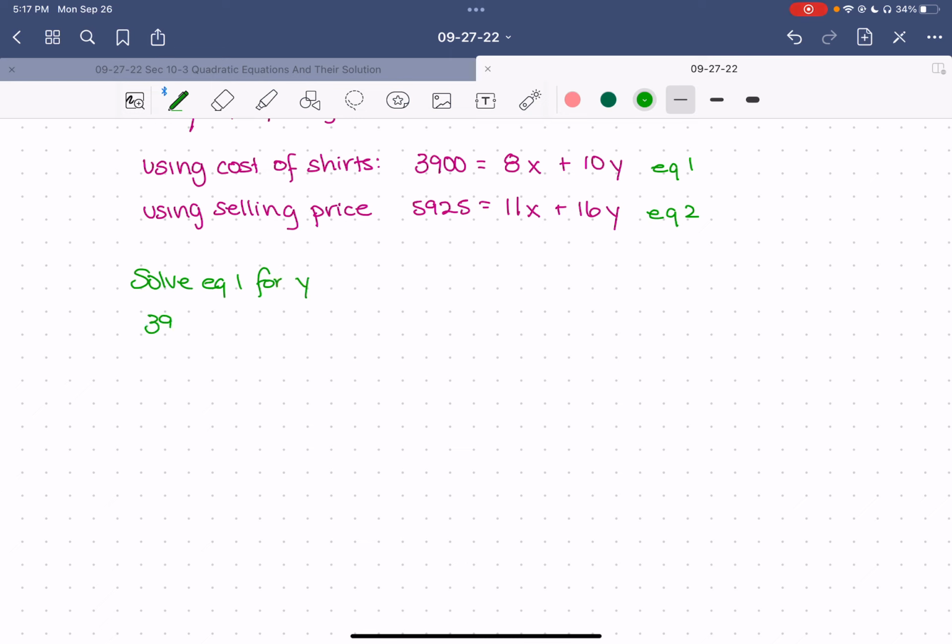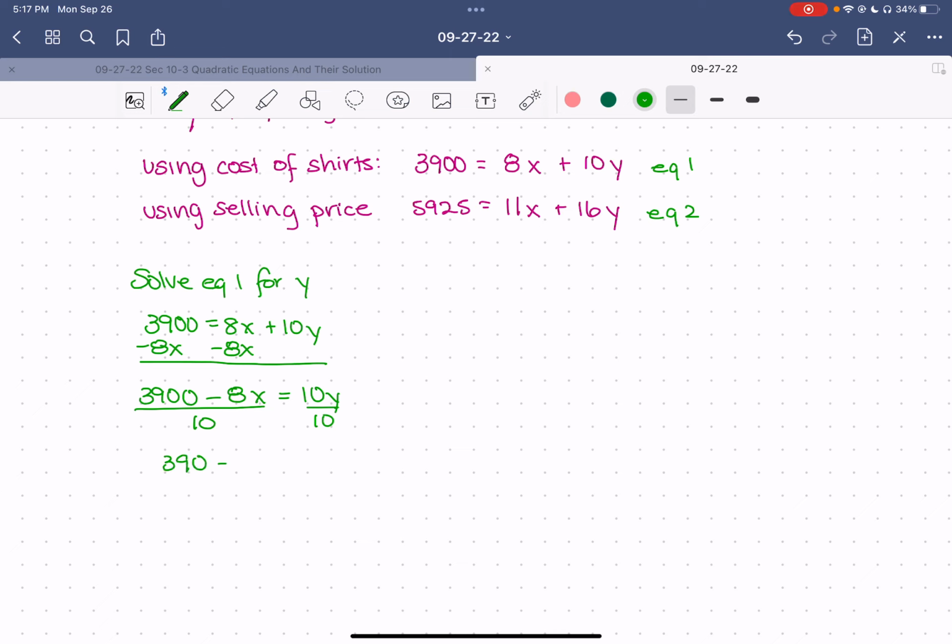I get 3,900 equals 8x plus 10y. I'll subtract 8x. So 3,900 minus 8x is 10y. And then when I divide it by 10, 3,900 divided by 10 is just 390.